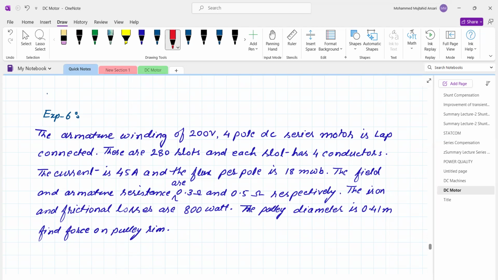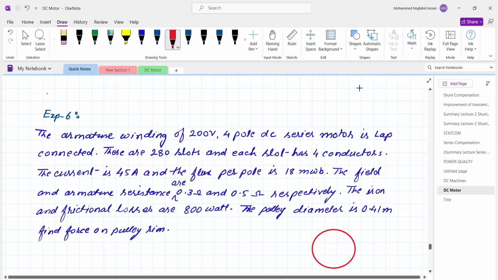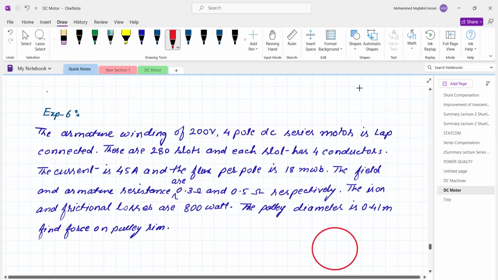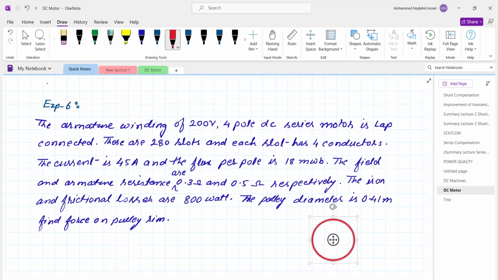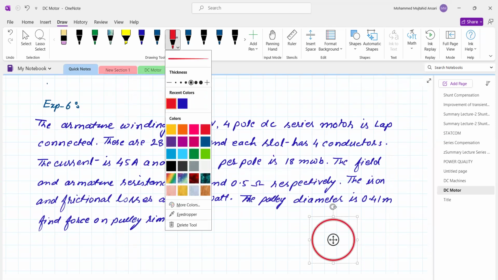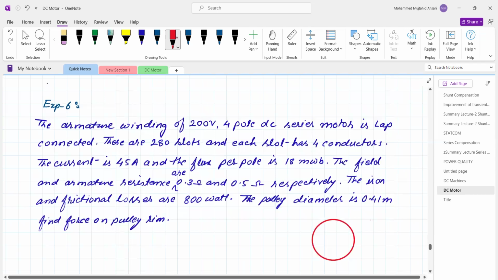Means we are going to find out, suppose this is the pulley ring. This is the pulley. And we are going to find out the force on the pulley, that is, the force over the pulley and its diameter.